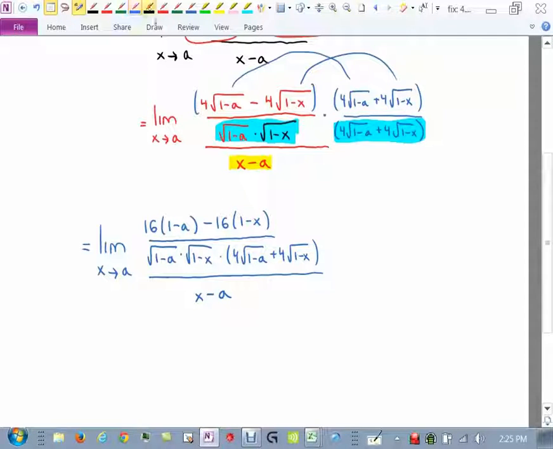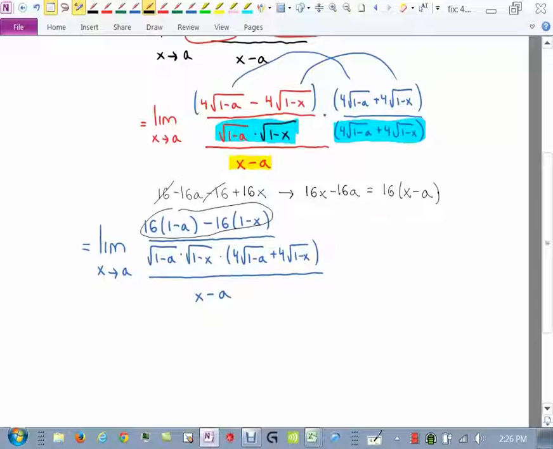All right, look at that numerator for a second. Let's just multiply some stuff out here. This is 16 minus 16a minus 16 plus 16x. The 16s cancel, and what you're left with is 16x. So this turns into 16x minus 16a. Factor out a 16, you're left with 16 times x minus a.